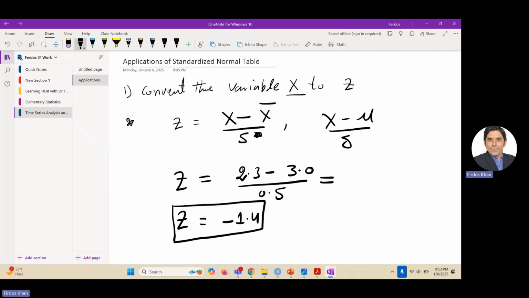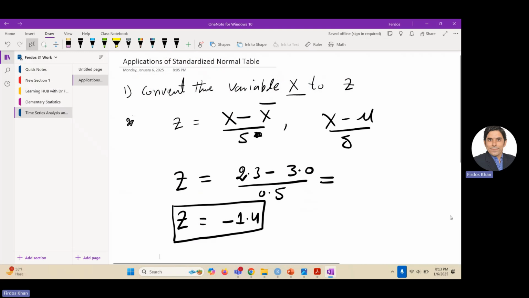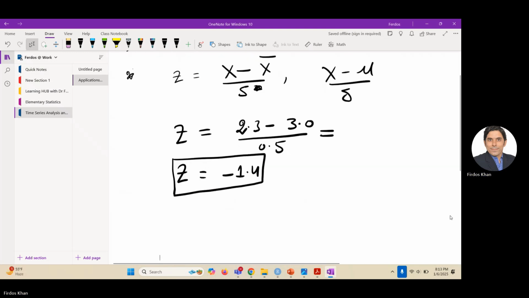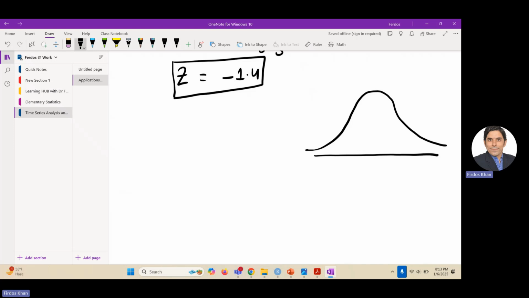Now you need to construct this figure. You can do it like this, and this is very simple. It's not very good, but you can draw a good diagram, and you can see the standard normal distribution.